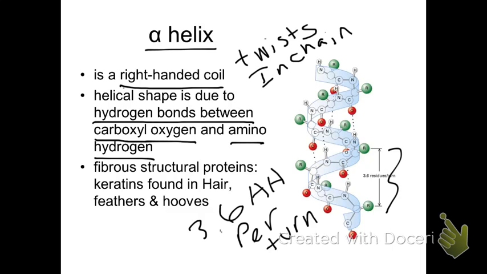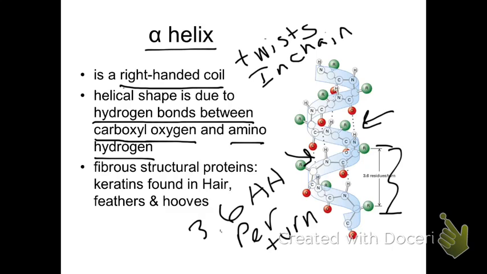So every turn in the helical structure, from here to here, is 3.6 amino acids, and each of them forms these hydrogen bonds. You can see here a hydrogen bond between the peptide bond of one amino acid and the peptide bond of another amino acid.